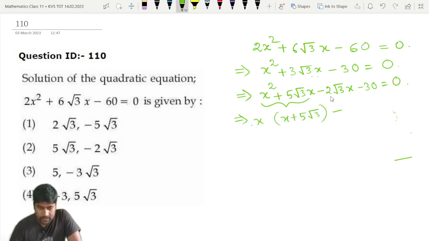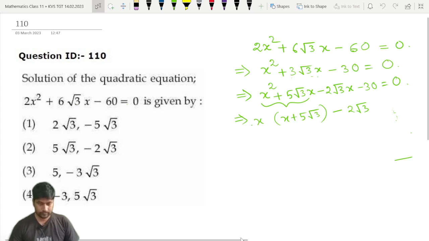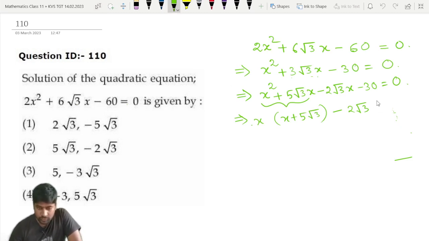From the second term, the last two terms, we will take minus 2 root 3 common, so we will get x plus 5 root 3, that is equal to 0.